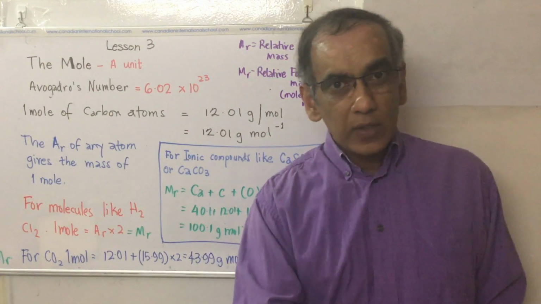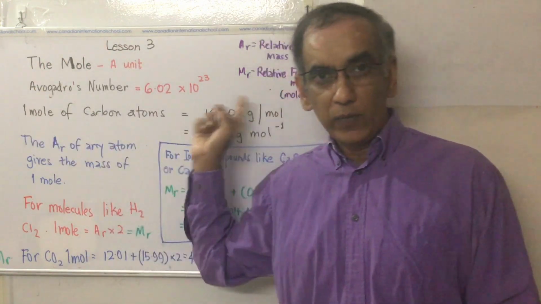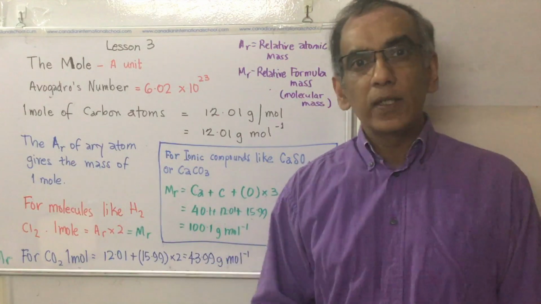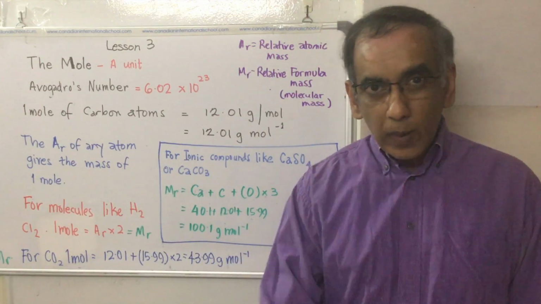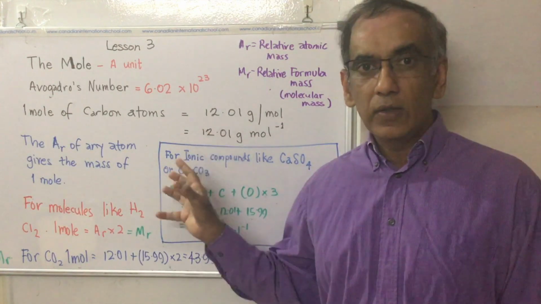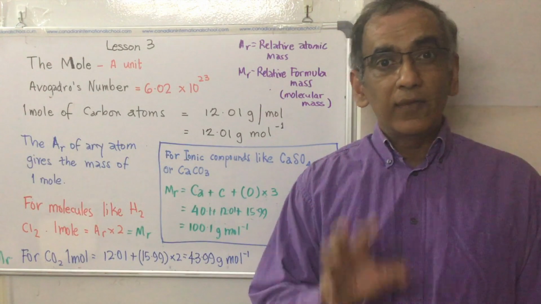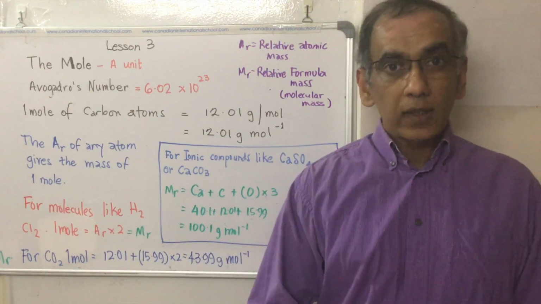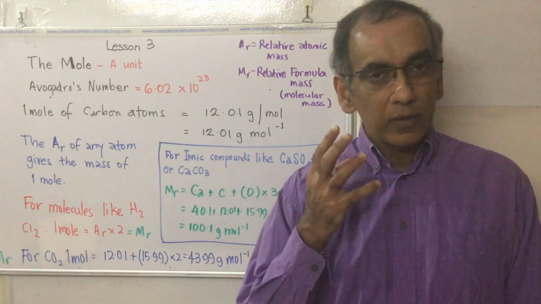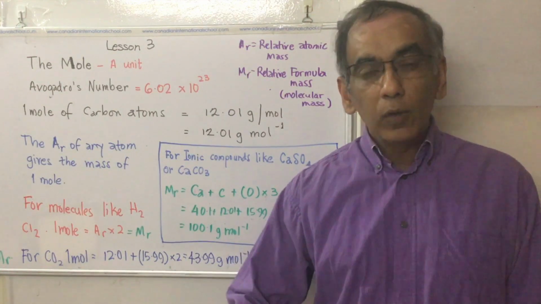The question that bothers a lot of students though is, where is this Avogadro's number coming from? And there's a lot of misconception surrounding that and a lot of confusion, and it's not required in our course that we go into how the Avogadro's number is derived. In fact, a lot of sources would tell you it has to do with the work of Avogadro, and that is not even correct. But we're not going to go into how the mole was derived.